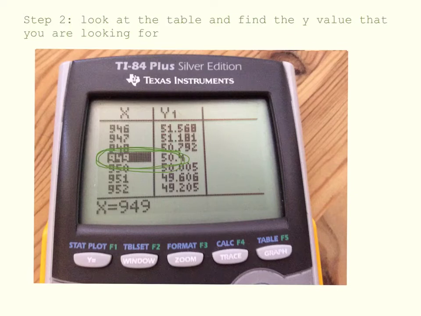And that is our answer. So what is the air pressure at the center of the hurricane where the mean sustained wind velocity is 50.4 meters per second? The answer is 949. And that was air pressure in millibars, so don't forget your units, millibars. That would be the answer to the question.